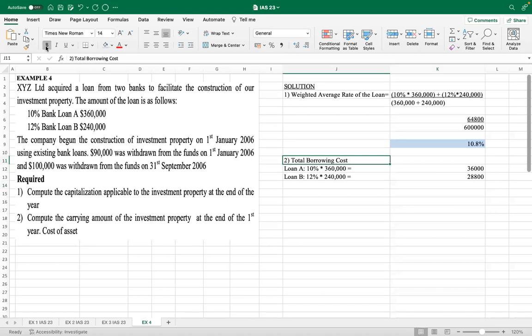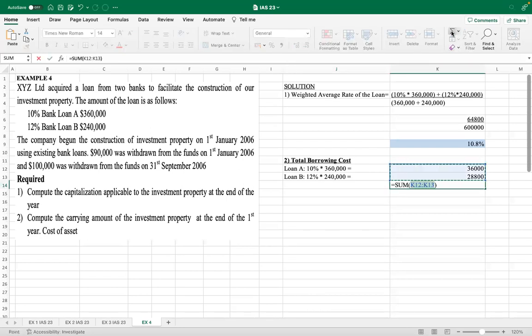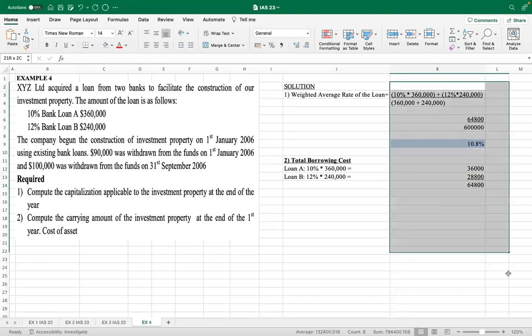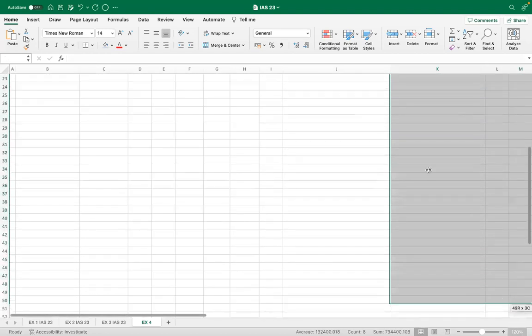That gives us the total interest paid on the loans borrowed, in other words, the total borrowing costs. Just hold on, let me make it doable a bit.